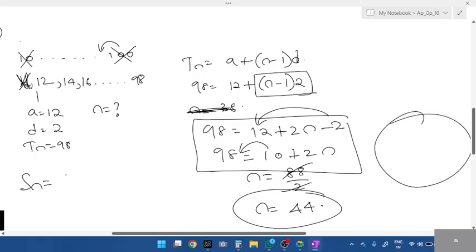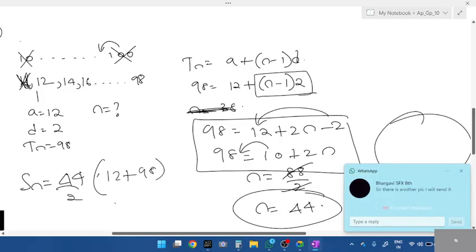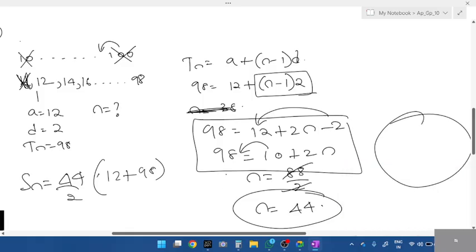See, now 42. Let us substitute. 42 divided by 2 into, what is a value? 12 plus 98. What is 12 plus 98? Even that calculation will get. Respond.